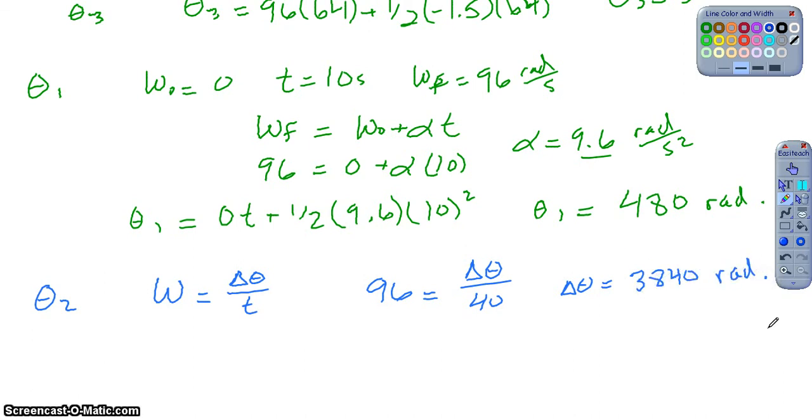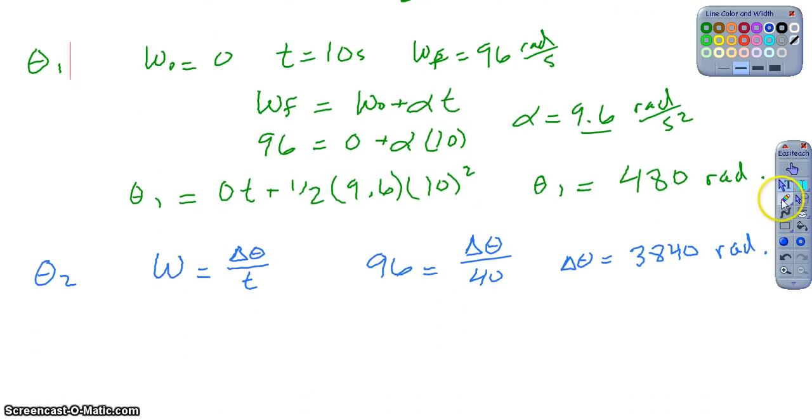So at this point you have a couple of choices. You could convert each one of these to revolutions right now, since the question does ask us how many revolutions we've made, and then just add those revolutions up. Or what I'll probably do is add up the total number of radians first and then convert to the total number of revolutions. So to find my total, I'll do my 3,840 plus 480 plus my initial 3,072.